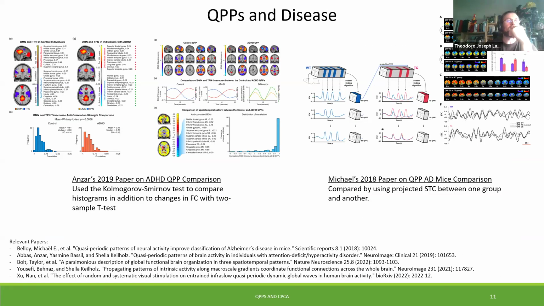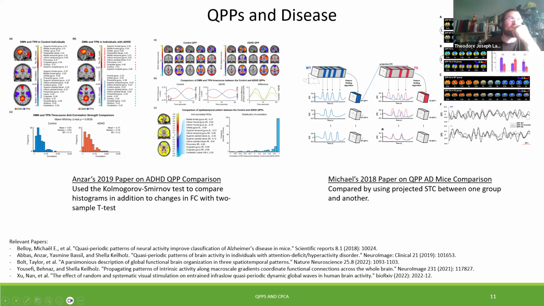Great. As we look to differences, what can we apply these QPPs to? And so Michael Belloy and Anzar Abbas ended up doing comparisons against neurological diseases or known groups that we can test against. And so Anzar in 2019 ended up doing an ADHD comparison between humans where they were able to find the default mode network in the most anti-correlated regions to define the task positive.